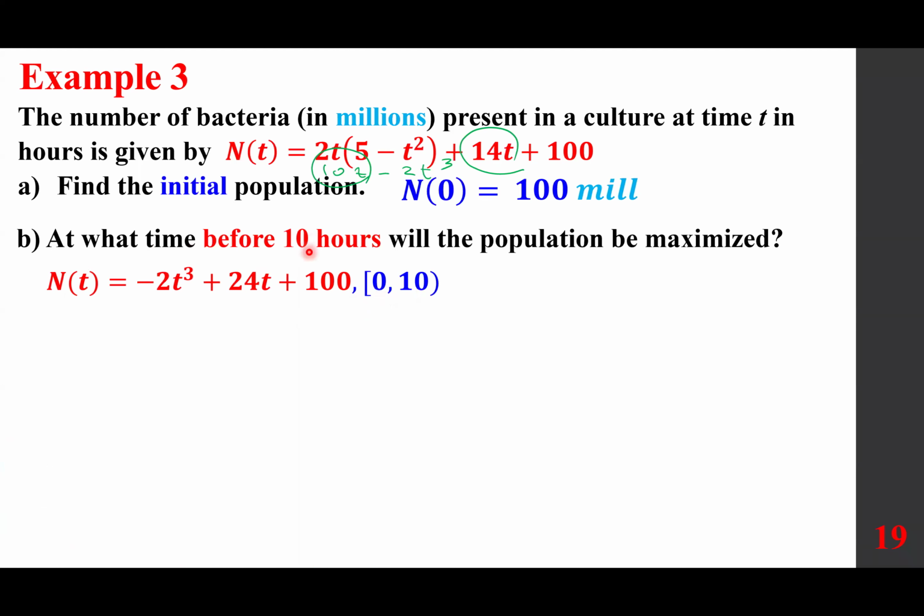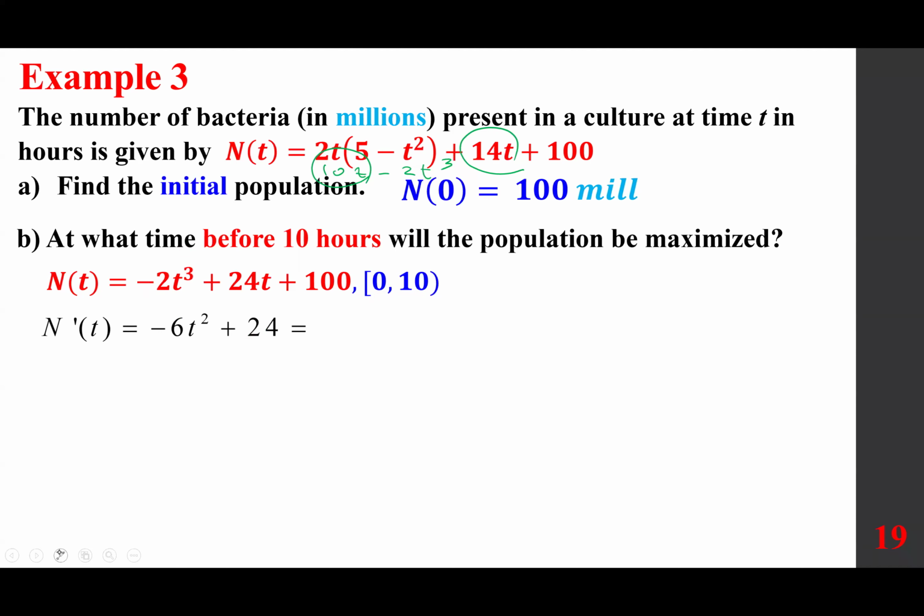That means 10 is not included, which makes this half closed, half open, which means when we go through the process, we must know what happens at 0. At one of the endpoints, we already have the number. At 10, we don't evaluate it because it's not part of it. We have to take the derivative, n prime of t. N prime is minus 6t squared plus 24.